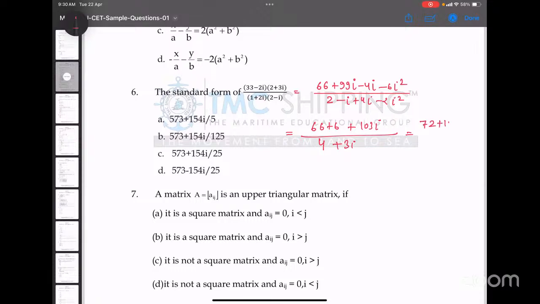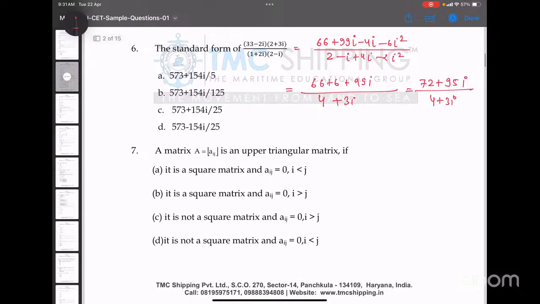Sir, it should be 99 minus 4 iota, right? 99 minus 4. Yes, yes, yes. 99 minus 4 means 95 iota. Yes, sir. 72 plus 95 iota divided by 4 plus 3 iota.